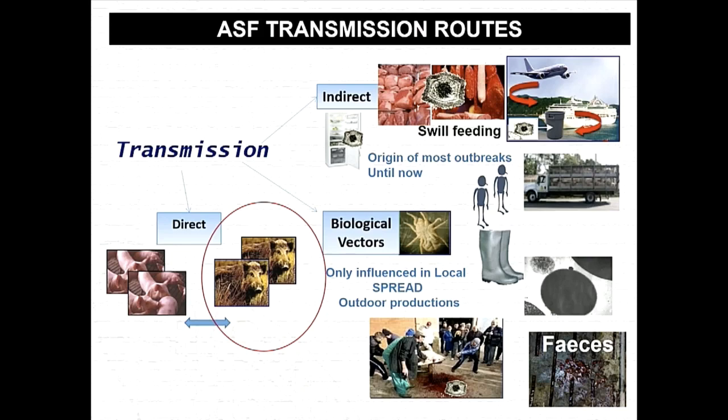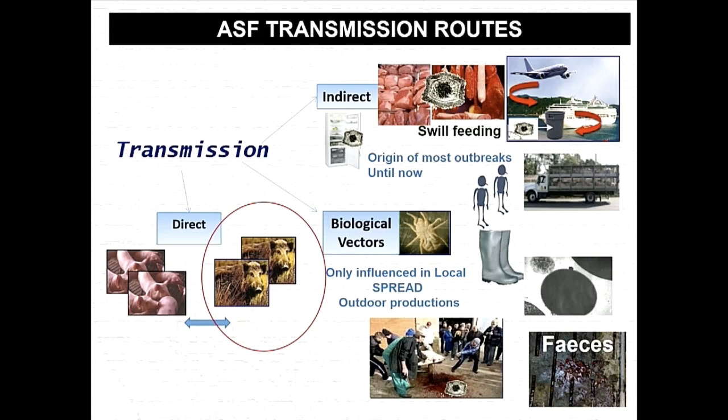This is how the ASF virus moves in the body of the infected animal. And that means that a single drop of blood has more than 3 million copies of virus. So blood is one of the most important mechanisms to infect, transmit and spread the disease. And people don't pay attention to that, but that is probably the most important.